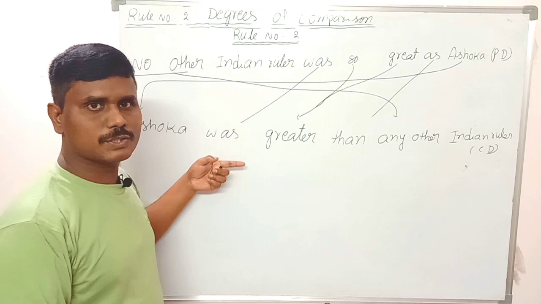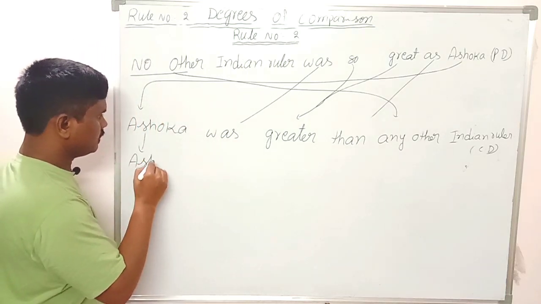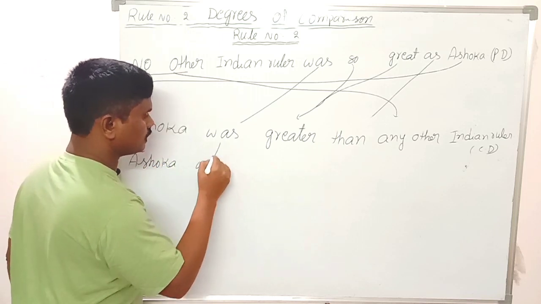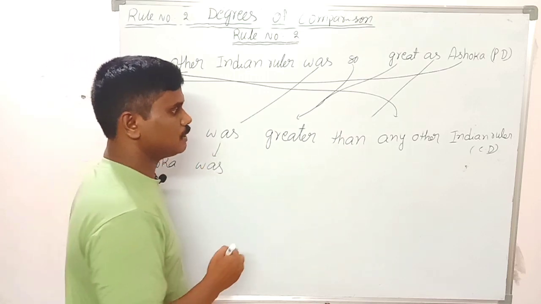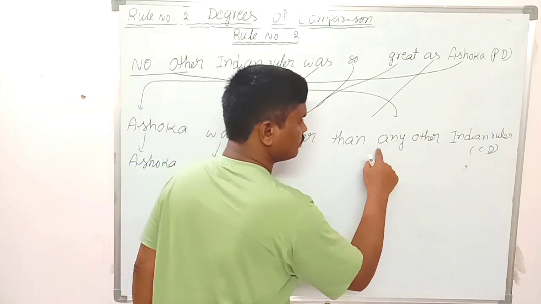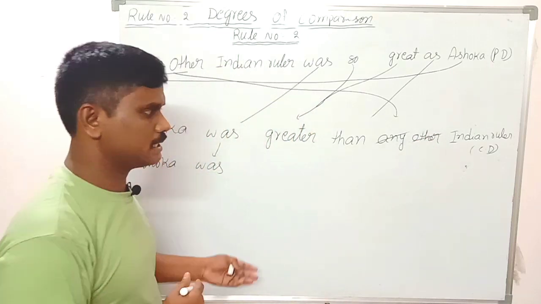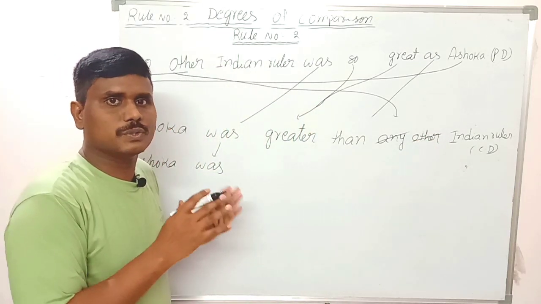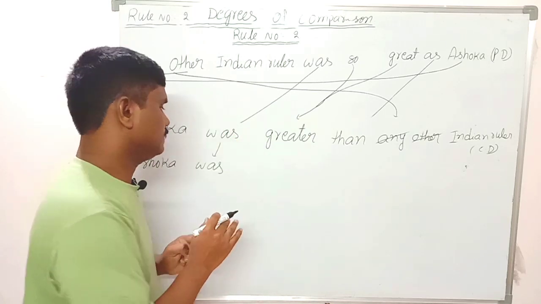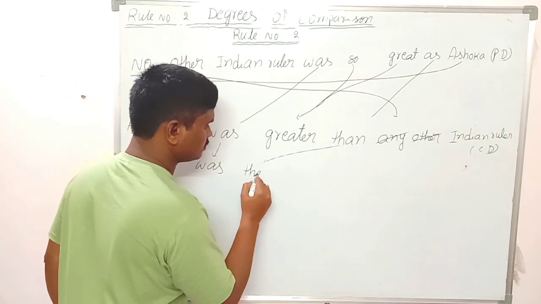Now changing it into a superlative degree sentence, the subject has no change, that is Ashoka. The verb has no change, Ashoka was. After that, what words are there? You see, any other. If we find any other, these two words we should not write. They have no duty, no function in superlative degree. Simply delete, cancel. Next, this than changes to the.